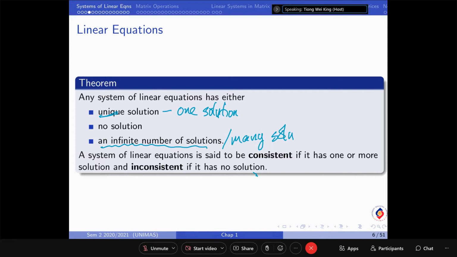So meaning here, this is consistent, this is also consistent, and then this is inconsistent, because it has no solution. So remember that for any system of linear equations, we have three cases: either one solution, no solution, or many solutions.